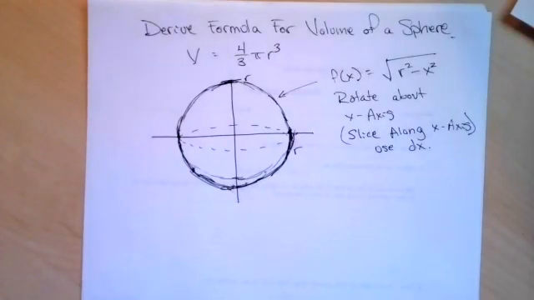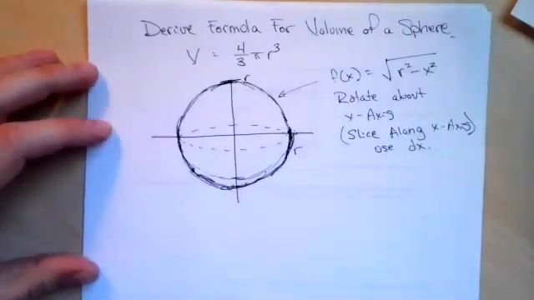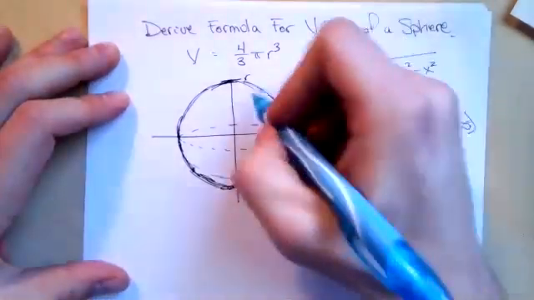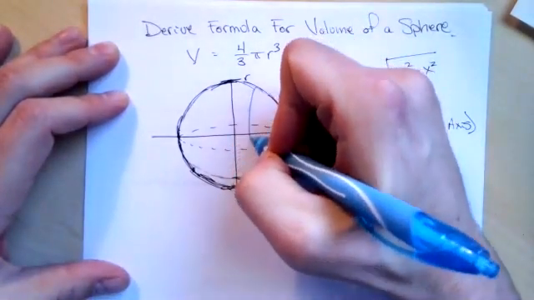Typically, whatever the axis of rotation is that you're going to use, you're going to slice perpendicular to that. As we saw in the previous example, it made nice little cross-sectional areas in terms of these disks. And so we can always use the disk method when we're rotating about an axis and we slice perpendicular to it. So we're slicing vertically. And so our slices are going to look like this.